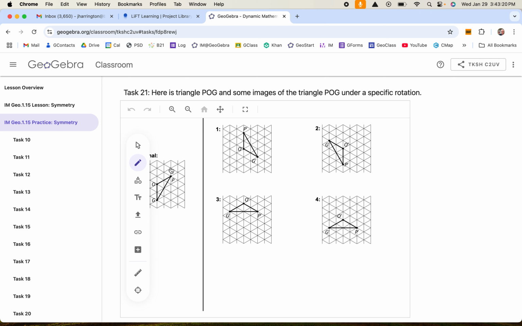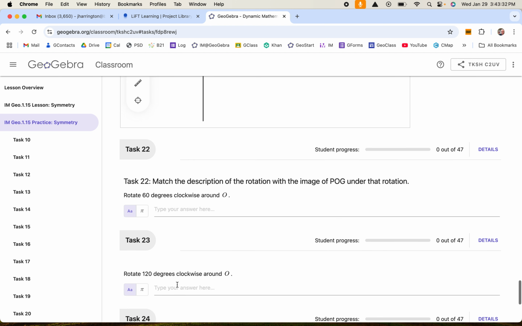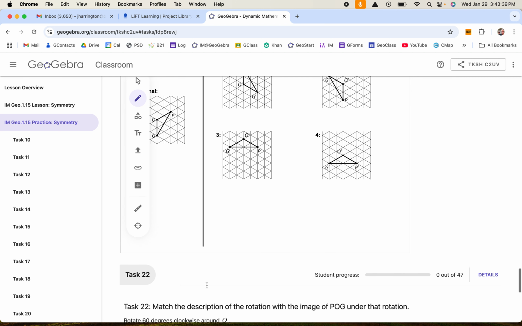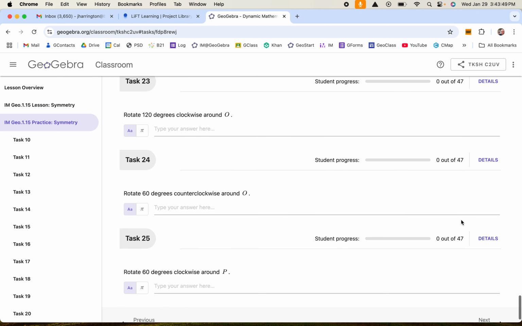So we're rotating 60 degrees around point O. Remember, each one of these little tiny triangles is 60 degrees on every corner, so use that to your advantage. Same thing here: original, and then we rotate 120 degrees clockwise around point O. Which one of these is the result?